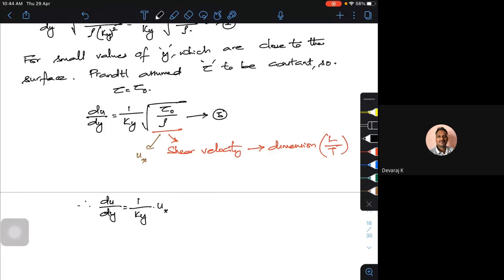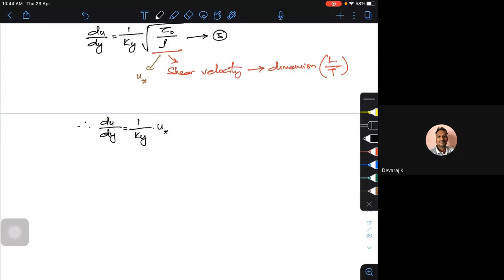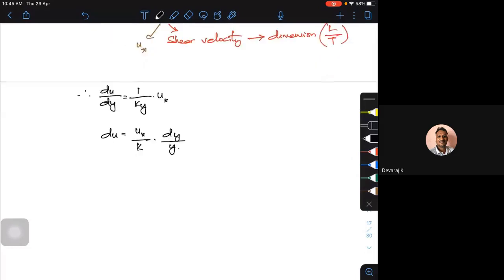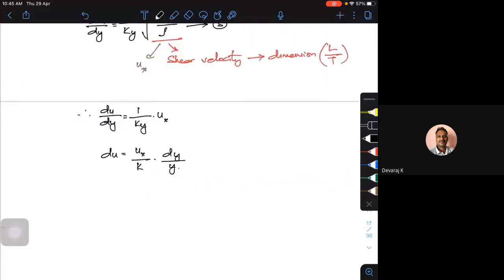So now I am going to separate the variables. Your du will be on one side. So du is equal to u star by k into dy by y. Okay, let me call this equation number 4, and let me do an integration.